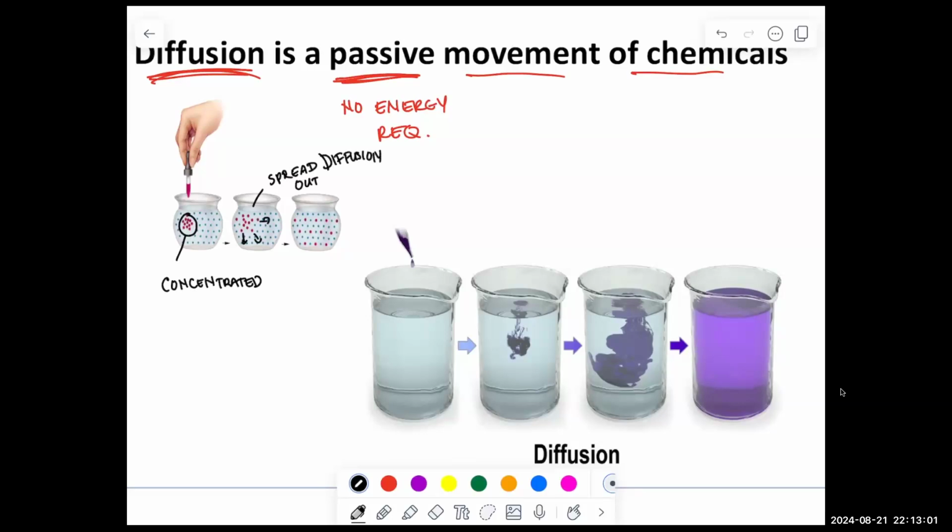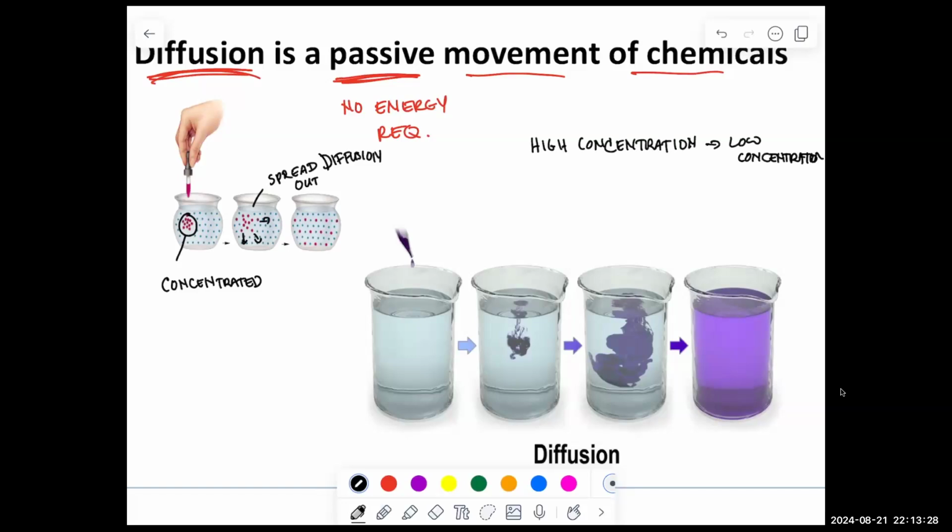Why? Molecules always want to go from areas of high concentration to areas of low concentration. This is diffusion in a nutshell.